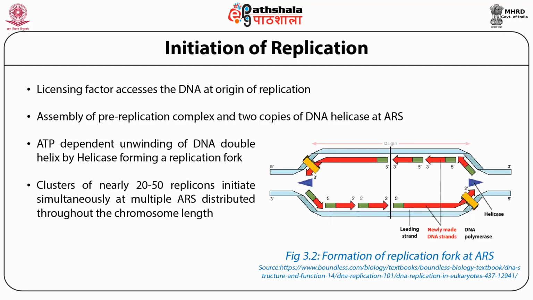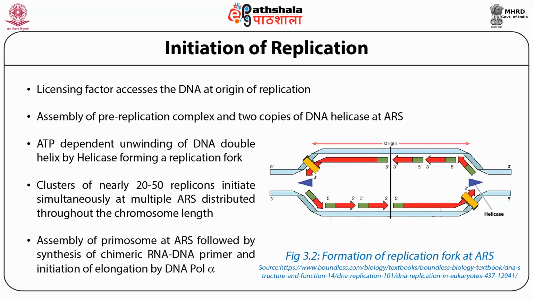Nearly 20 to 50 replicons initiate simultaneously at multiple ARS, which are distributed throughout the length of chromosomes. This is one striking difference between prokaryotic replication and eukaryotic replication. The initiation event concludes with the assembly of the primosome at the ARS, followed by the synthesis of chimeric RNA-DNA primer and initiation of elongation by DNA pol alpha.